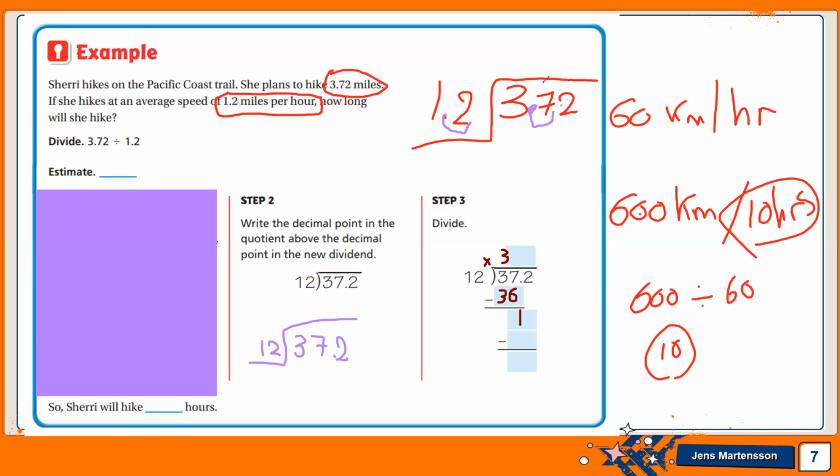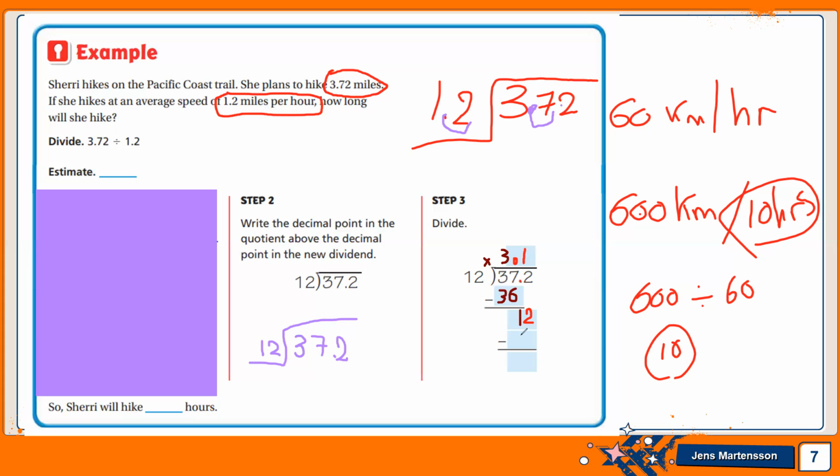Then what do you have next? Decimal point up. Aywa, bravo. Then what do you have to do next? Put the 2 down. Then Dina, 12 divided by 12. 1.